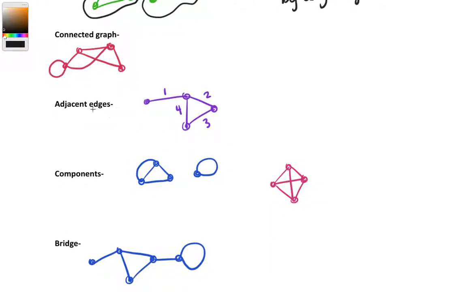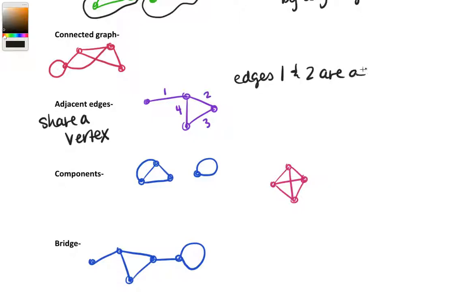Let's talk about adjacent edges. Adjacent edges are edges that share a vertex. So for instance, edges 1 and 2 are adjacent in this graph because they share this vertex, but edge 1 is not adjacent to edge 3. Edges 1 and 3 don't share a vertex.